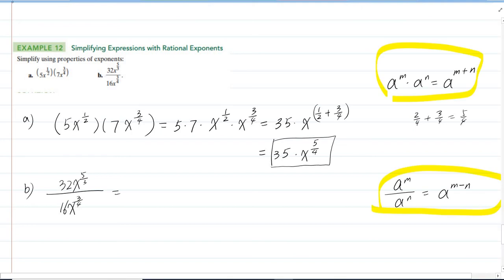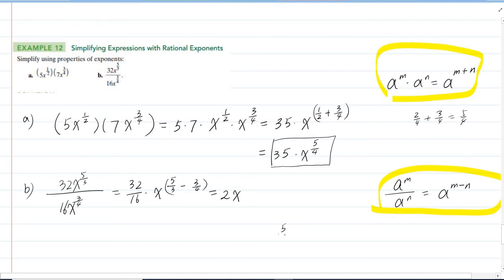So this is going to give us 32 over 16, then times x, since they're the same base, x to the 5 over 3 minus 3 over 4 power. 32 over 16 will give you 2. That will be 2x.